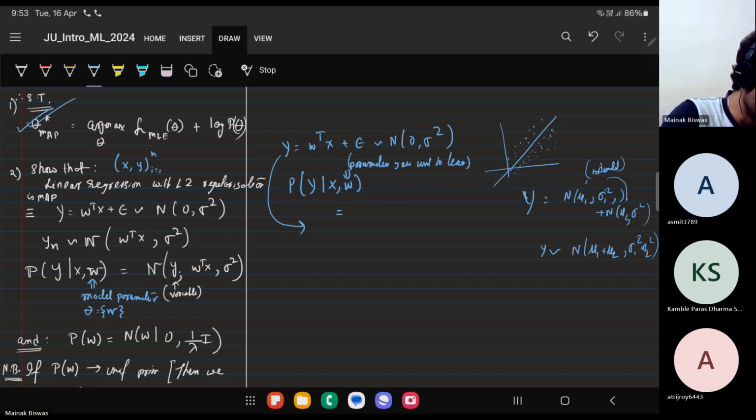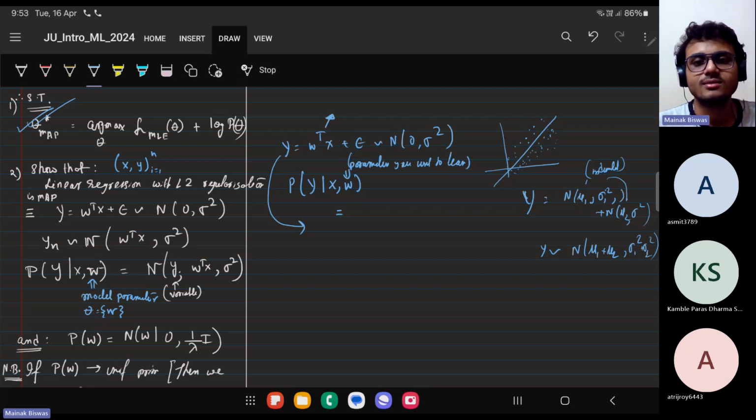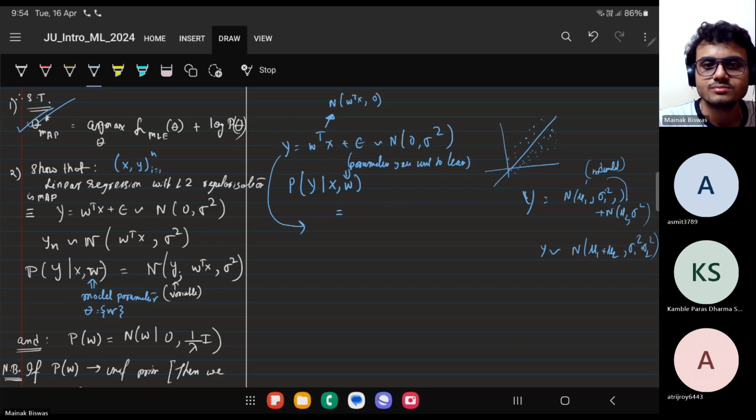So what will be the distribution of W transpose X? Normal W transpose X comma 0. There's no covariance, it's a constant. What will then be Y's distribution? Normal W transpose X comma sigma squared, right?